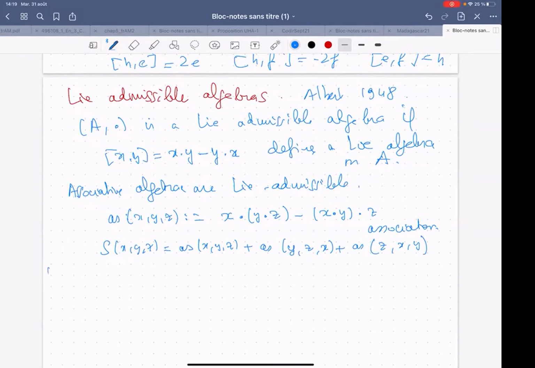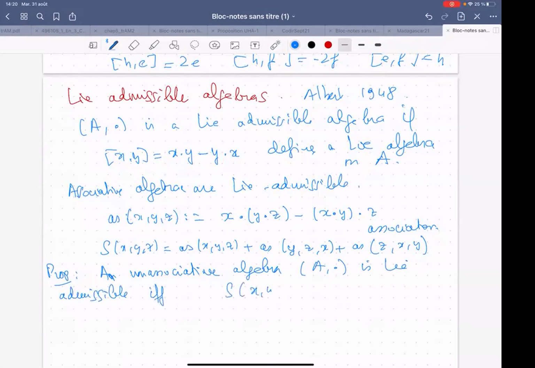Then we have this proposition. A non-associative algebra A is Lie admissible if and only if S(x, y, z) equals S(x, z, y).